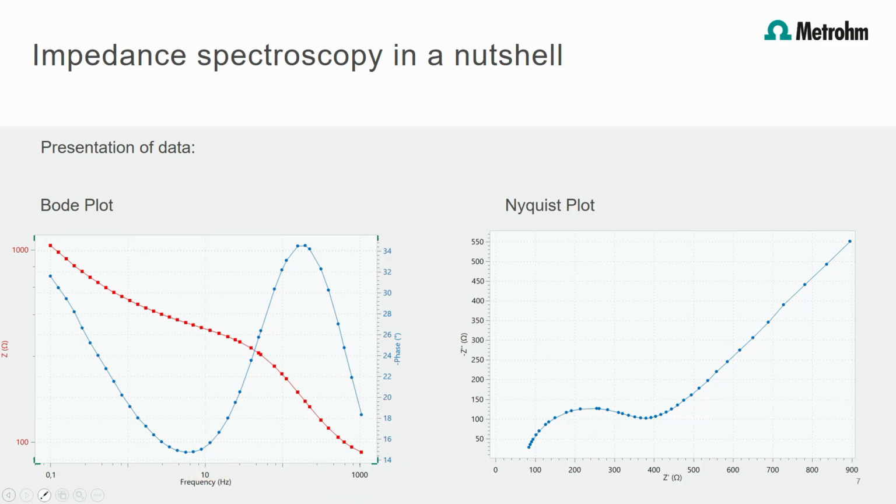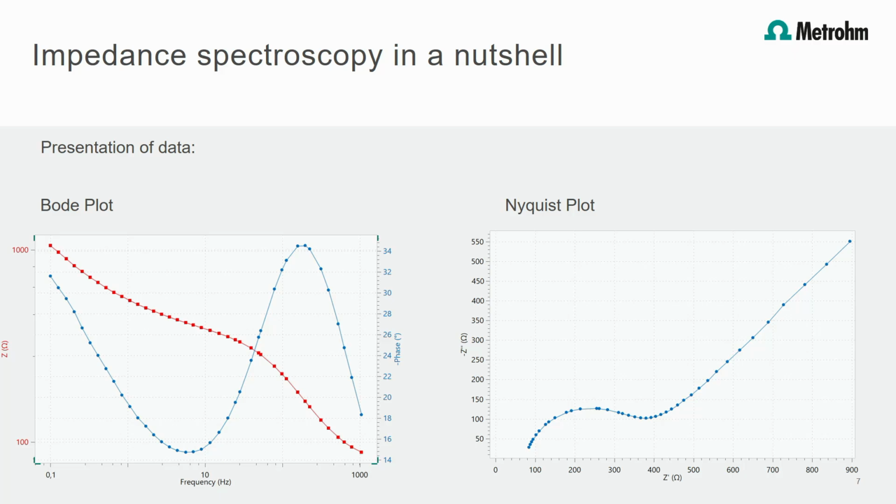The advantage of this plot is that you can read off the values for each single frequency, and you can easily determine where ohmic behavior or capacitive behavior exists. Pure ohmic resistances show a phase angle of 0 degrees. This corresponds to electrolyte conductivity or charge transfer reactions in the battery.